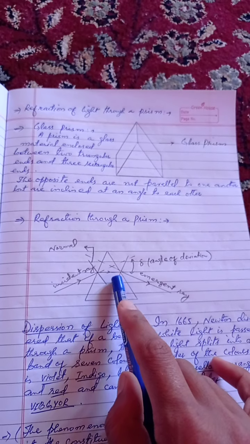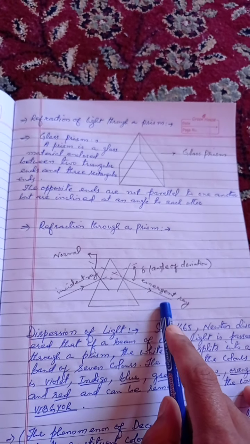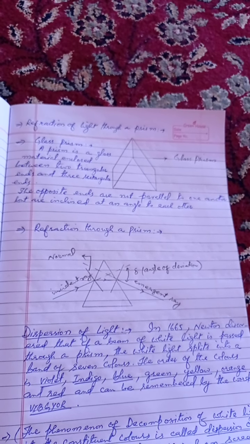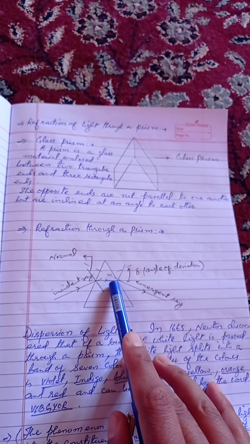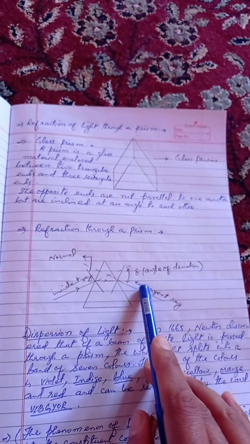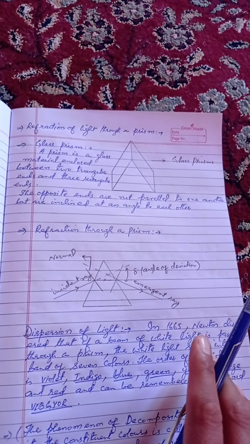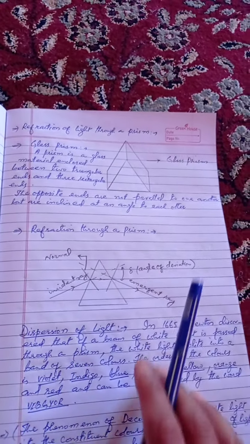It is refracted again when it goes back from the prism into the air. You know that when it travels from air to a denser medium, it bends towards the normal. When it moves from a denser to a rarer medium, it bends away from the normal. So this is all about the refraction of light in a glass prism.